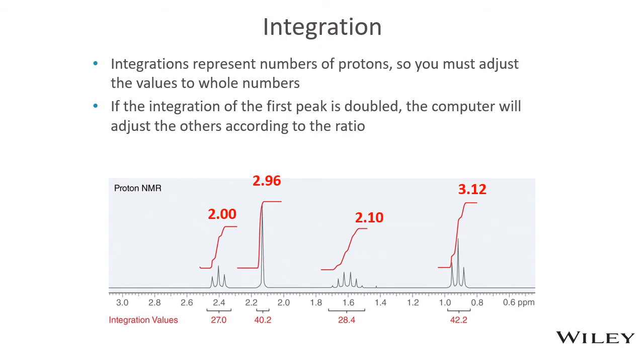Now the way that this is often going to be presented to you in the NMR data that you see is you will see above a peak 2H, or just the number 2. And these numbers just above the peaks represent the number of hydrogens that give rise to that particular signal. So this is typically what you are going to see, but you just saw the method that gives us those numbers.